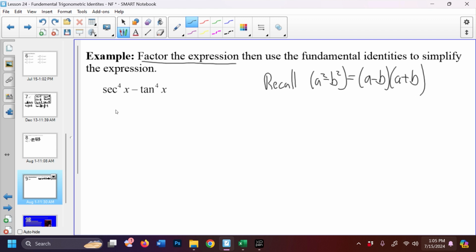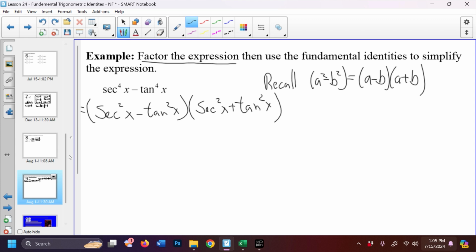And I can do that even though these are fourths. I can say that this is the secant squared x minus tangent squared x. And then this will be secant squared x plus tangent squared x.